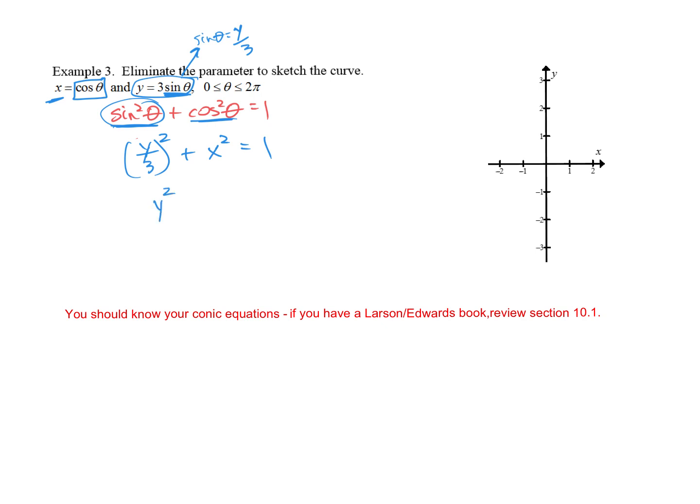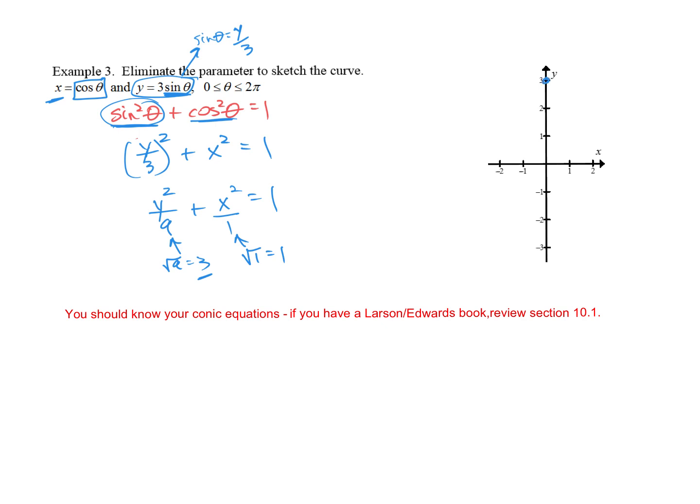This is just y squared over 9 plus x squared equals 1. So remember, we said this is an ellipse, so this x is like over 1 here. The square root of 9 is 3, and the square root of 1 is just 1. So that's our distance on the x and the y coordinate. Because the 3 squared is underneath the y, that goes on the y-axis.